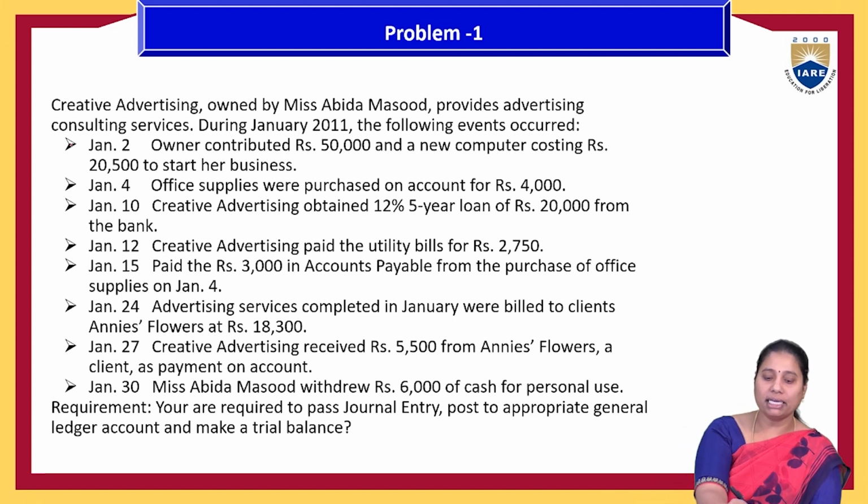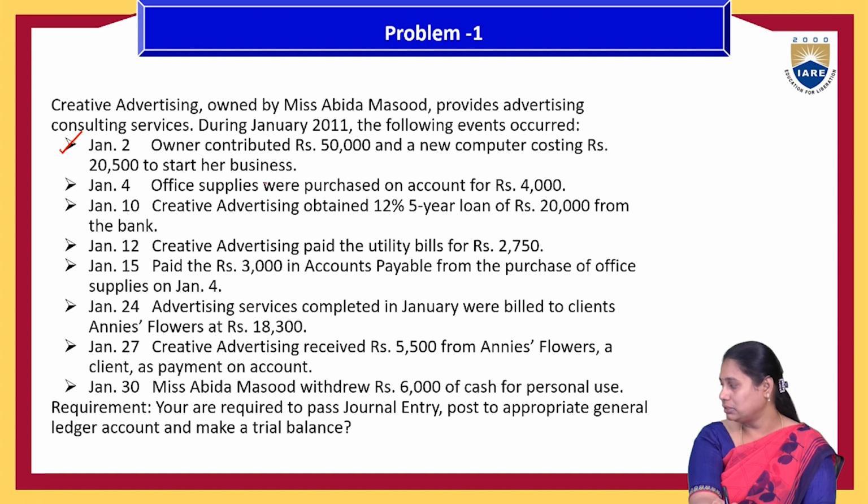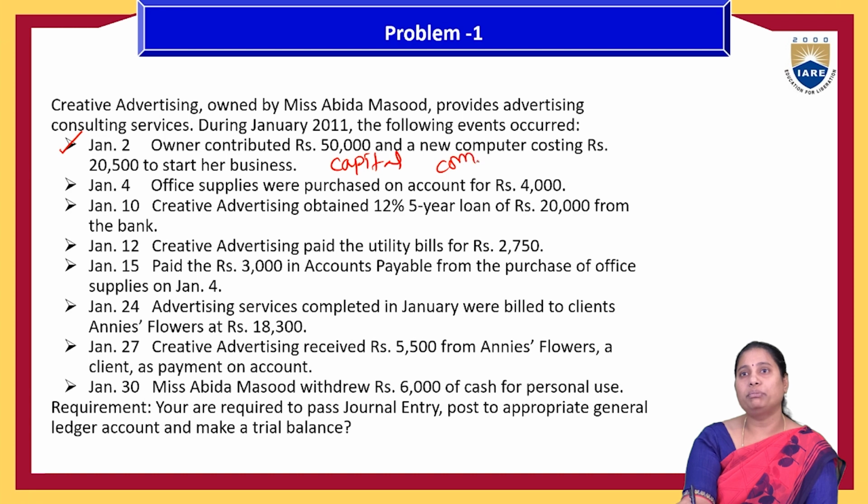So here every transaction has two accounts. One is owner contributed 50,000 and a new computer costing 20,000 to start a business. So first of all, the owner has invested 50,000, meaning the capital, and he has invested the computers.